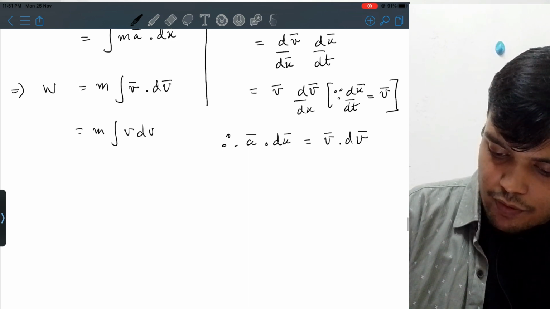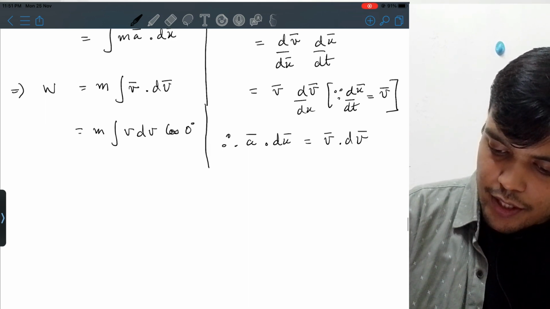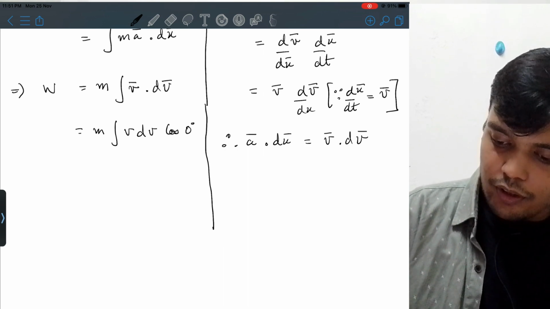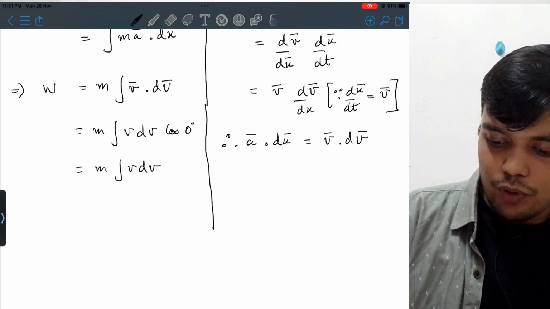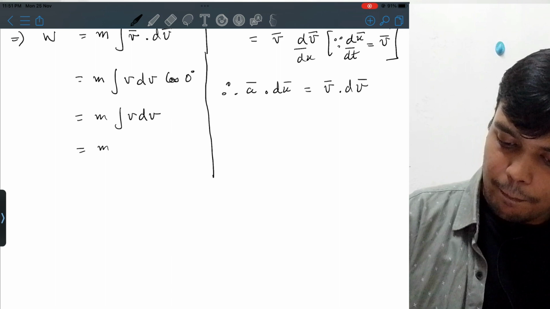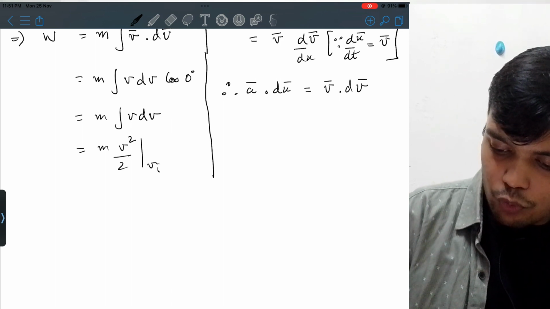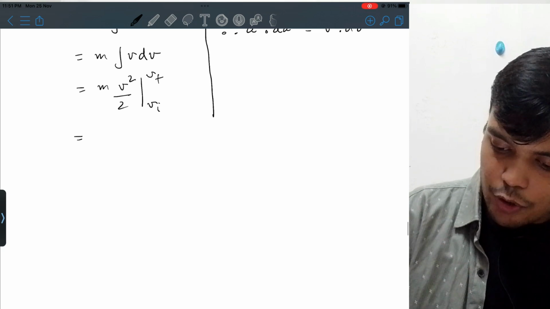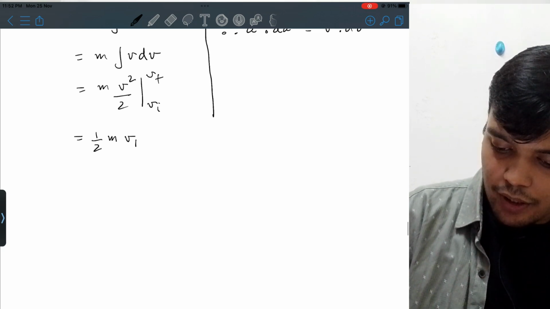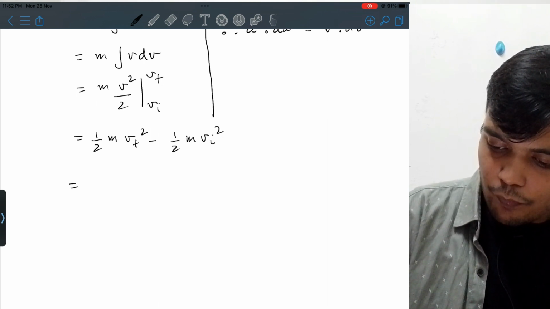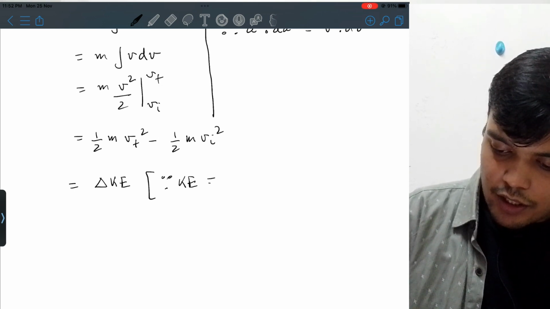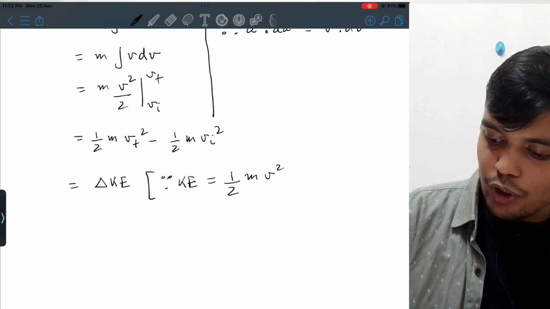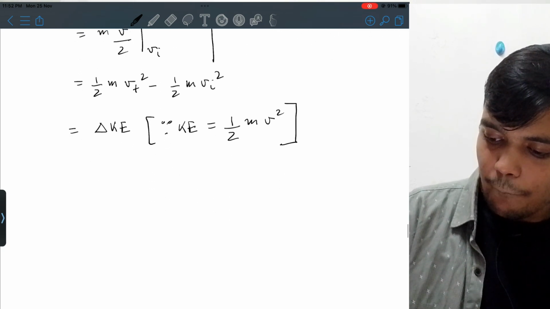Now, m v dot dv can be written as m v dv cos 0 degree, as the angle between v and dv will obviously be 0 degrees, which is equal to m v dv, which is equal to m v square by 2 from v initial to v final, which can be written as half m v final square minus half m v initial square, which is equal to change in kinetic energy, since kinetic energy is equal to half m v square.